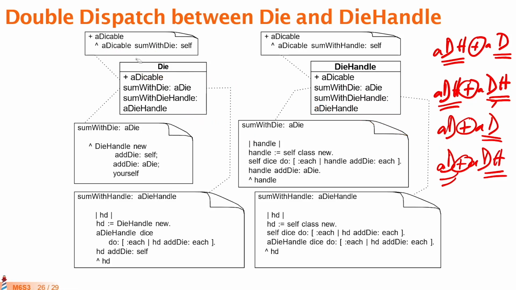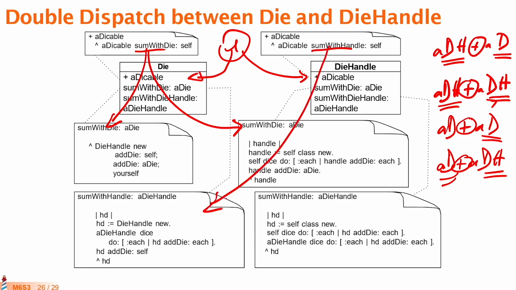What you see is that we have a first dispatch, the plus, that selects this plus or this plus. Then we have a second dispatch here and there that will select this version of sumWithDie or this version of sumWithHandle. Double dispatch. So the two here and two here.